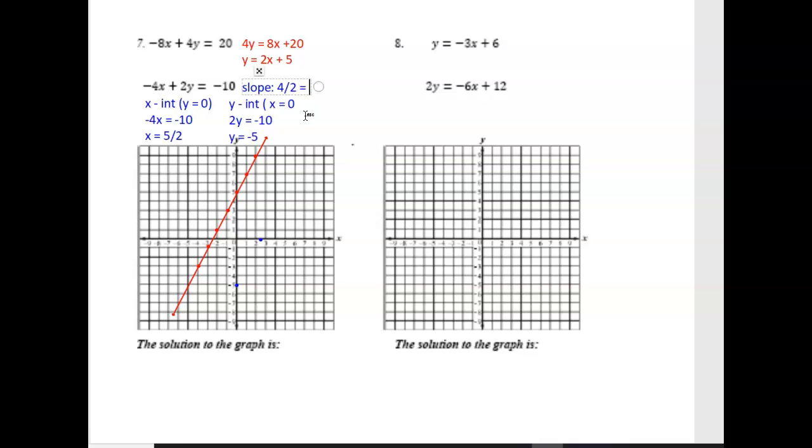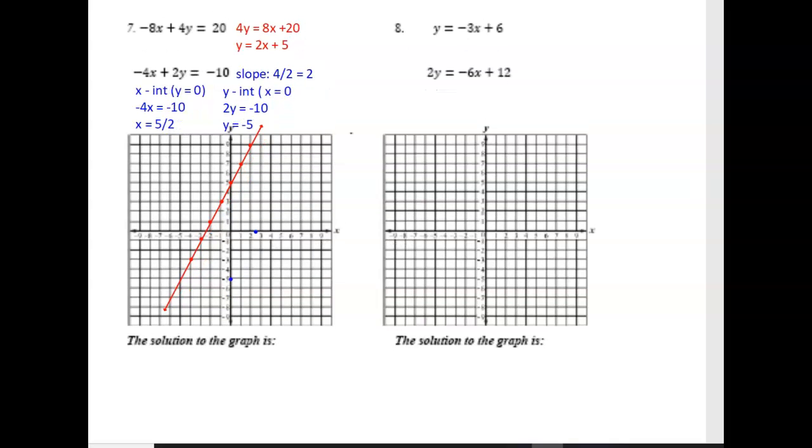So that tells me that my slope is a positive 2. Why is that important? Well, it's important to know my slope because what you need to notice is the slope of equation A and the slope of equation B are both 2.